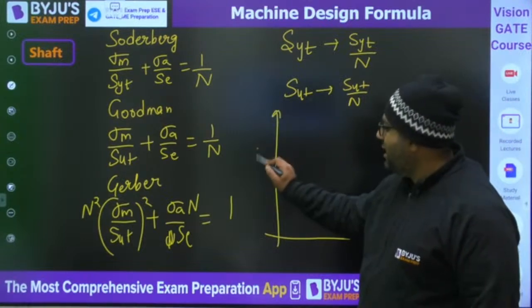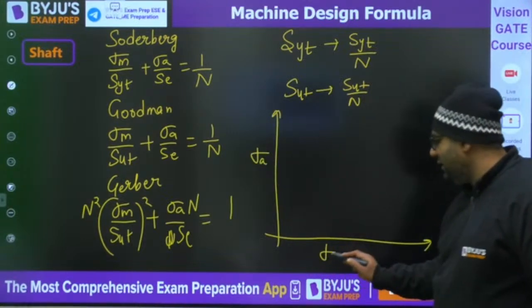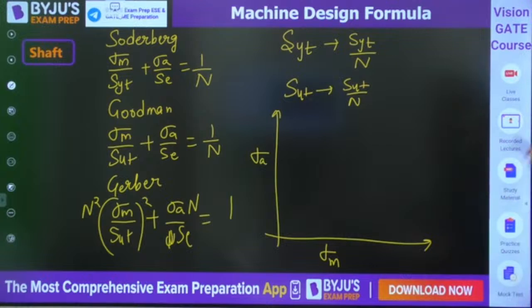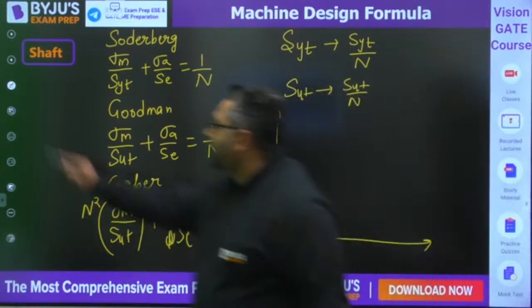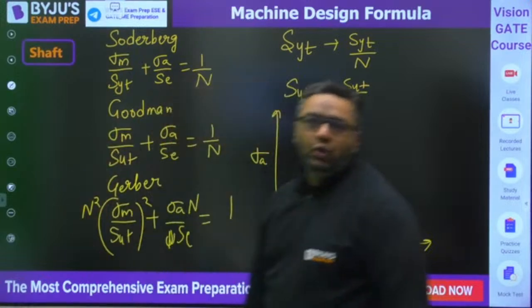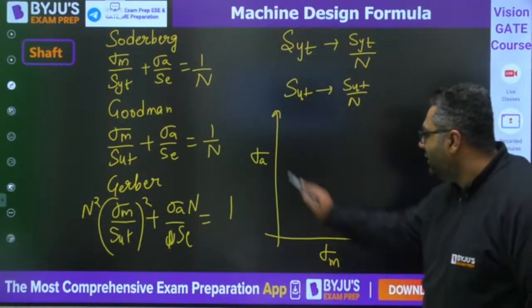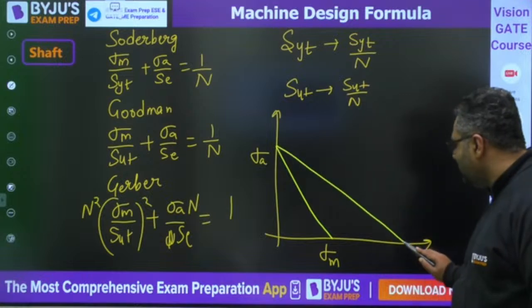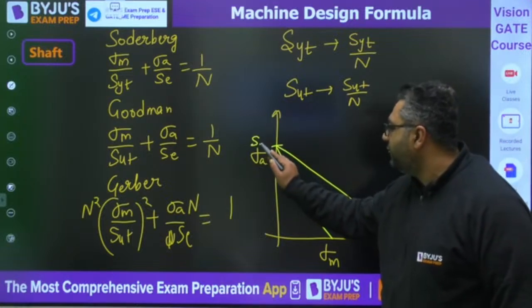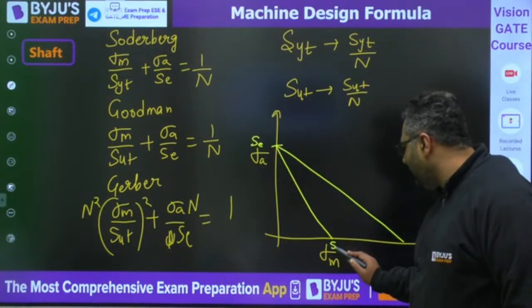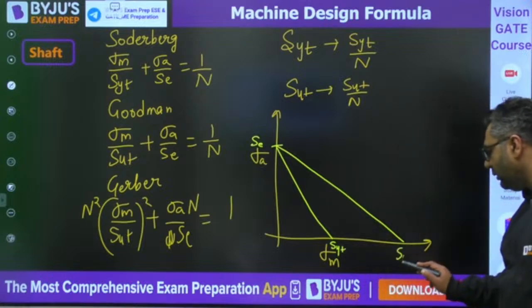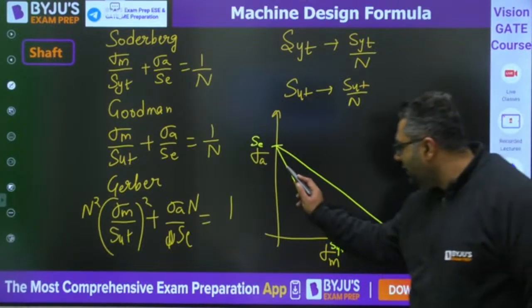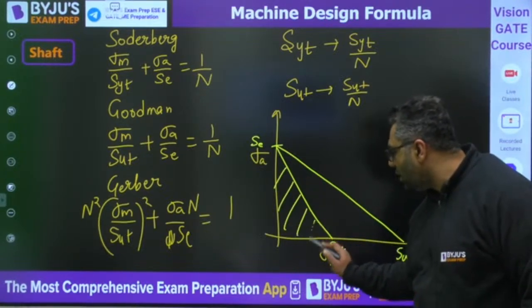These equations are coming from the fatigue diagram. The fatigue diagram is made between the amplitude stress and the mean value of stress. When you make this fatigue diagram, this is the endurance limit, this is SYT, this is SUT. Here you can see the area is very less in the Soderberg.